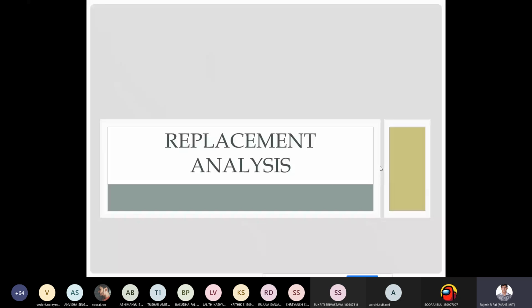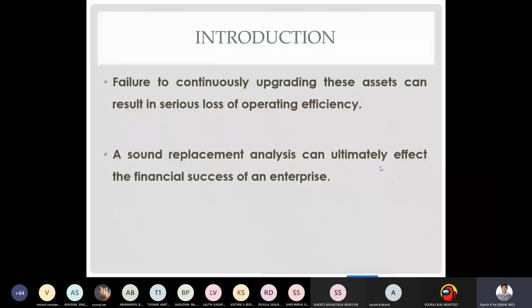Replacement of any machine has to be done because it may incur some serious loss in the operational efficiency of that machine. That is why companies usually go with replacement, because they have to spend more money on operating cost or maintenance activity.